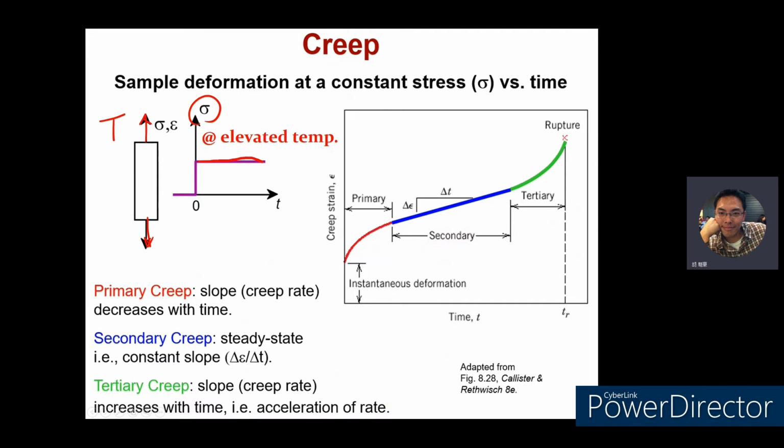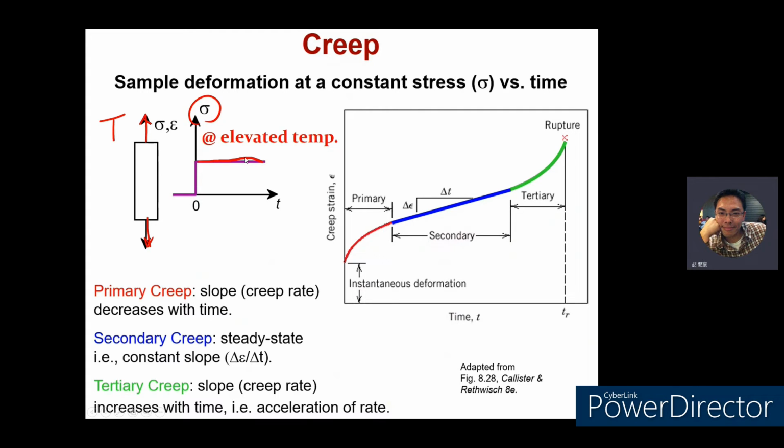And if the tensile test is under an elevated temperature, even if we apply a stress which is below the yield stress, this deformation will be permanent. So you can compare the difference between the room temperature or ambient environment and elevated temperature.